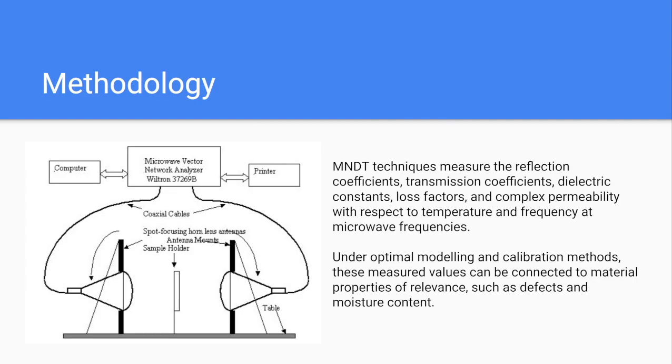This is what the MNDT device looks like. Basically, it has a transmitter and also a receiver. And we put a sample inside in between those two.